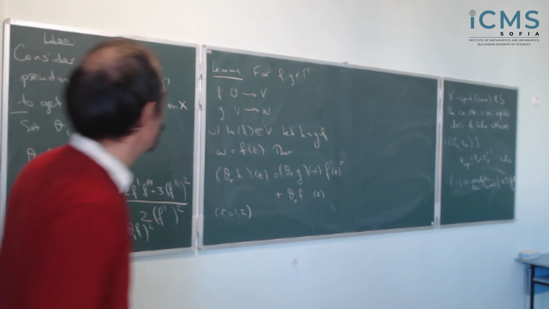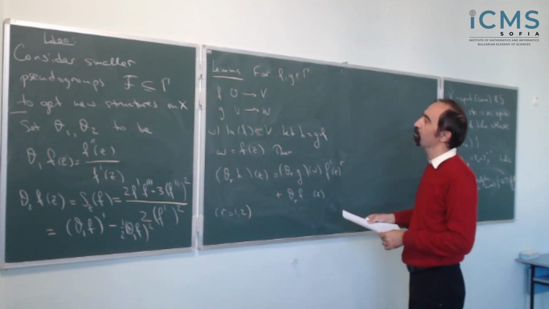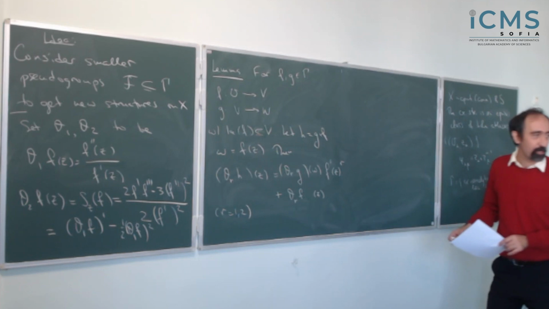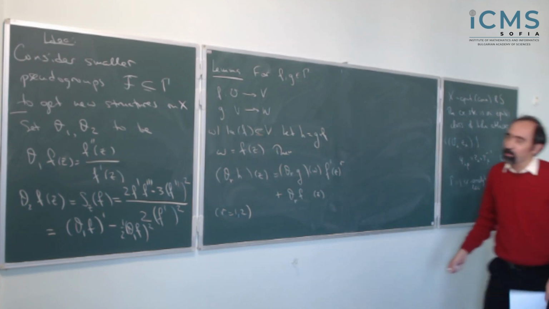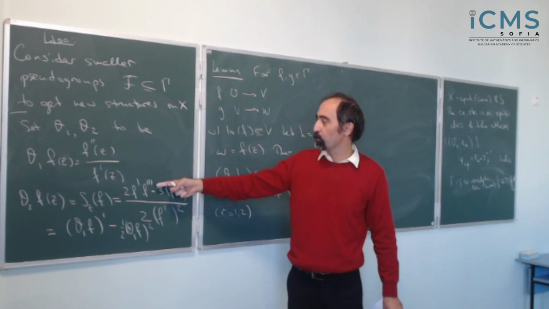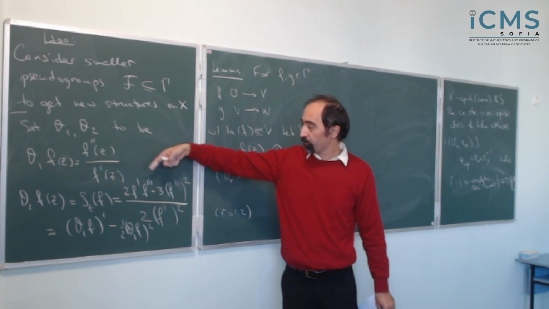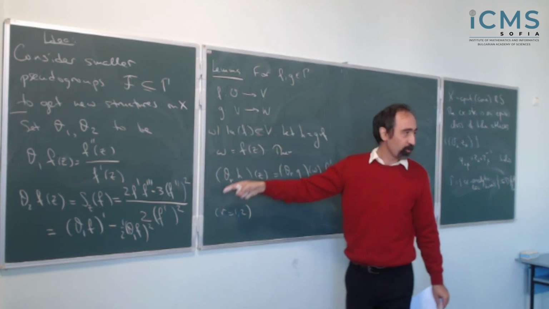So the way to check it is actually the chain rule for theta 1 and theta 2. You see what the chain rule gives you for f prime, for f double prime and f triple prime, and you plug in.